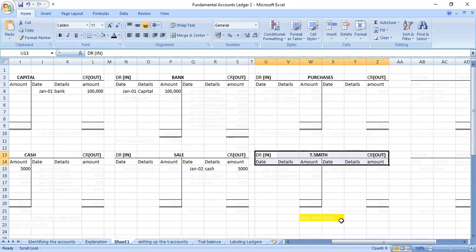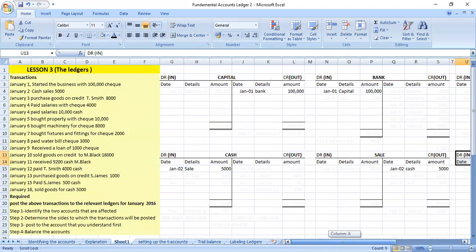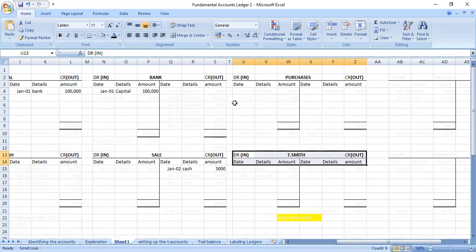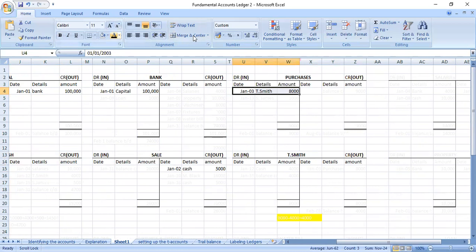So the transaction had said, let us go back, on January 3, purchase goods on credit T. Smith, $8,000. If we purchase, the goods are coming in. So on January 3, we received $8,000 worth of goods from T. Smith.